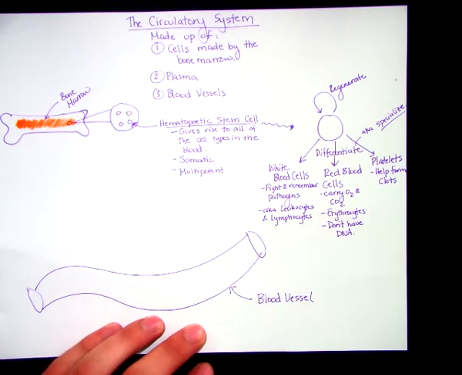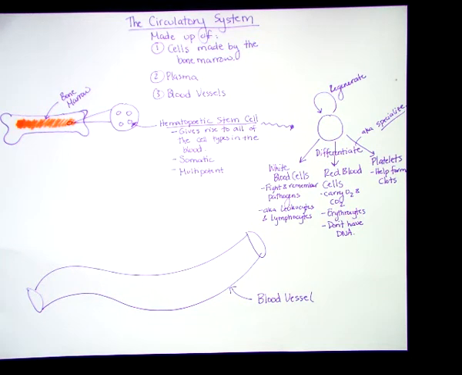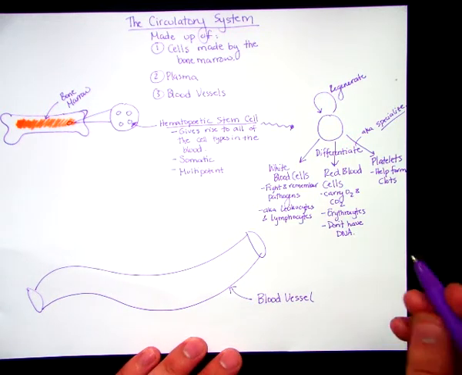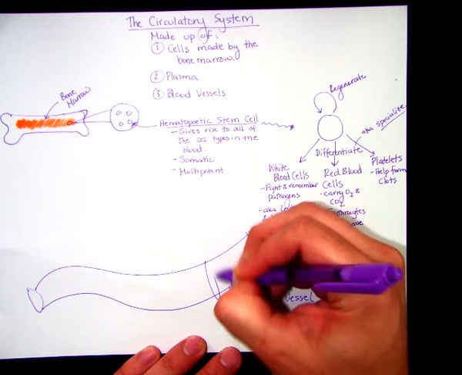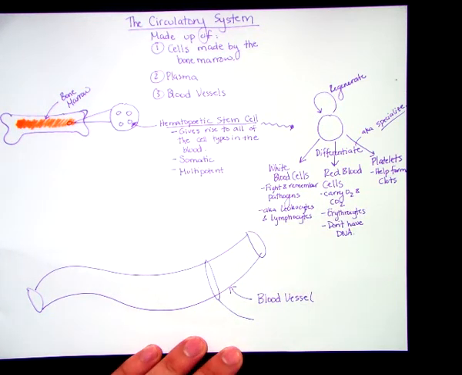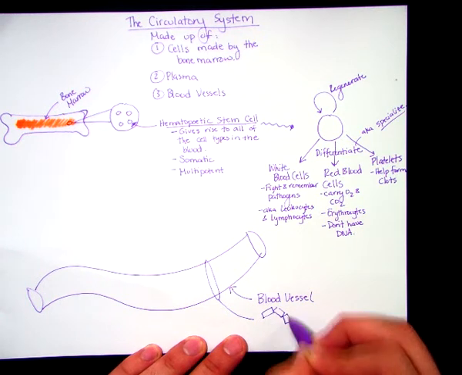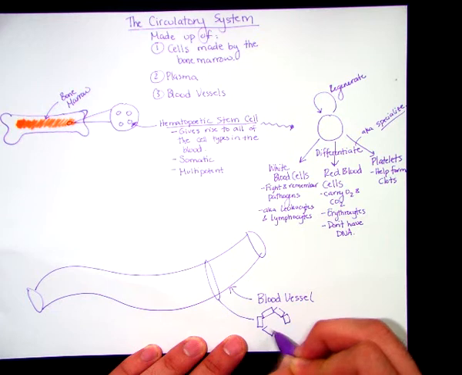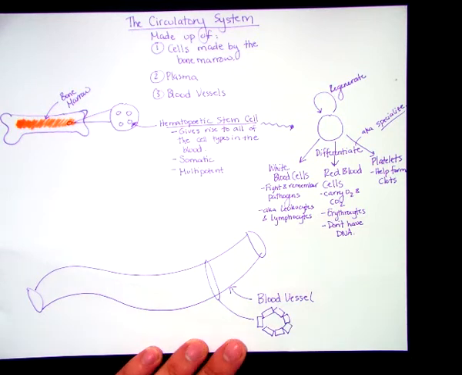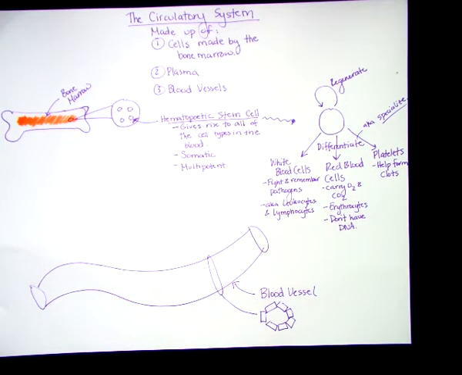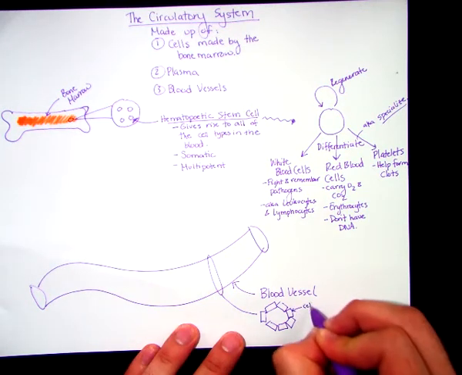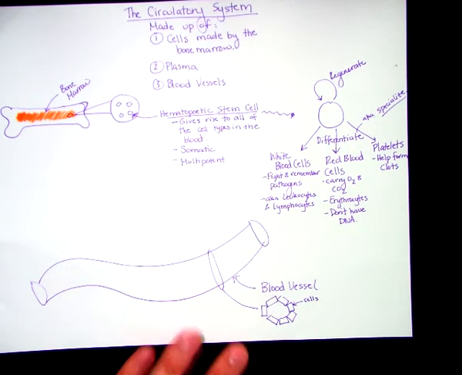So a vein or an artery, blood vessel. And if you were to actually take a cross-section of a blood vessel, what you would see is something like this. As you'd see cells arranged in like a tube. All right, so these are cells that are arranged in a tube to create a blood vessel.